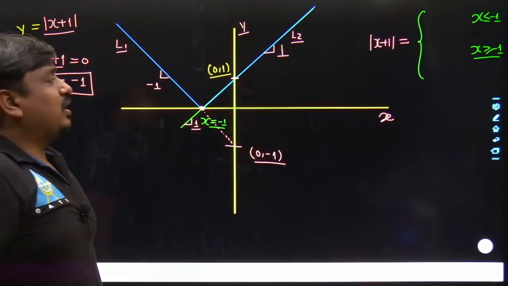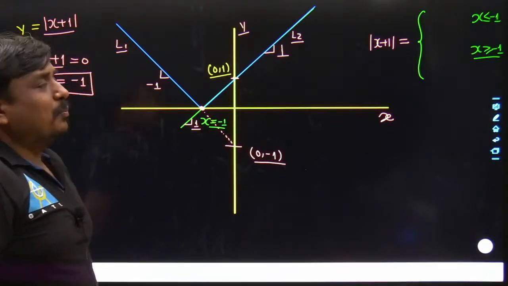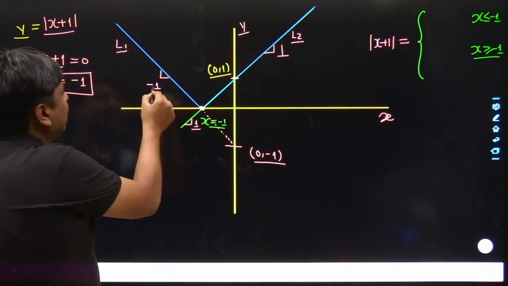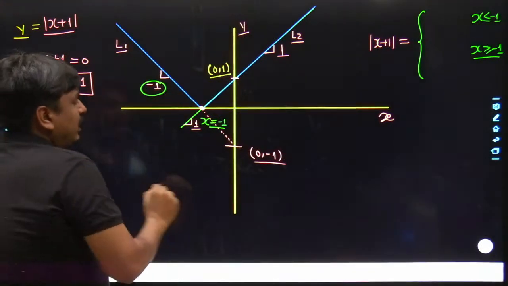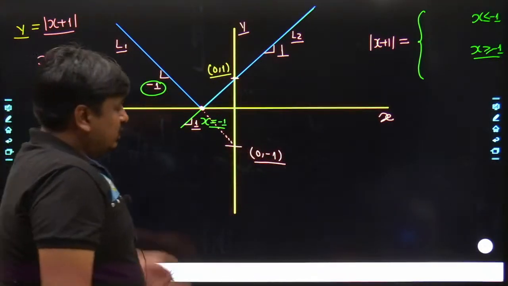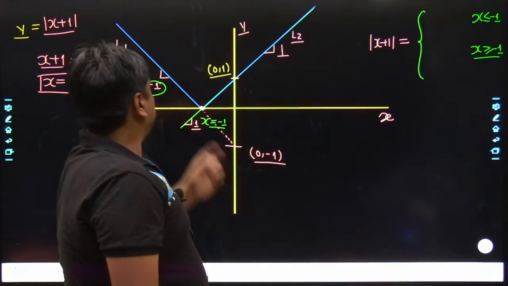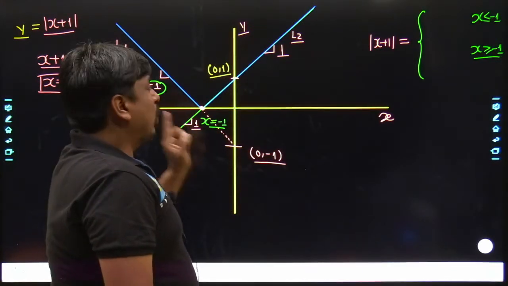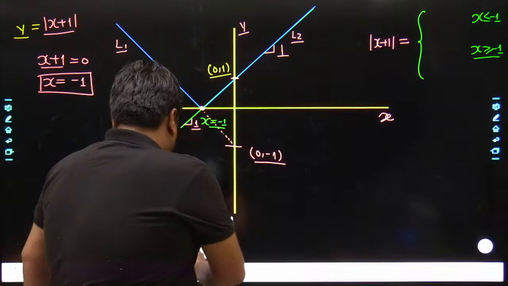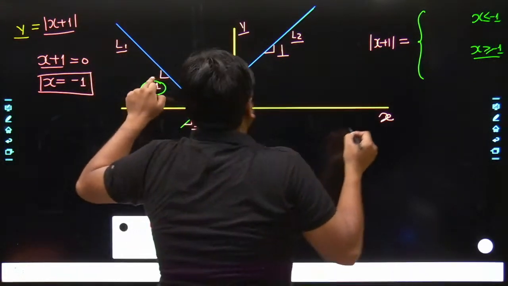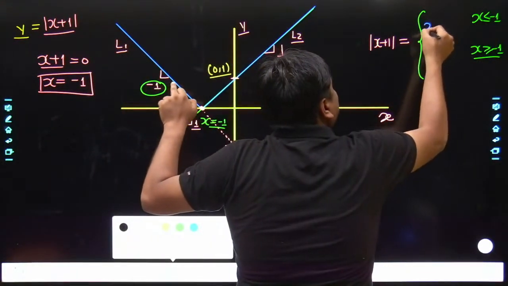Let me focus on the values lower than -1. It has been a straight line having slope equal to -1, and similarly it has been crossing the y-axis at c equals -1. So as per the straight line's equation, y equals mx plus c. m has been -1. -1 is getting multiplied with x.